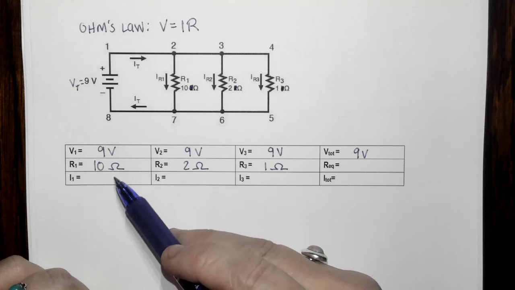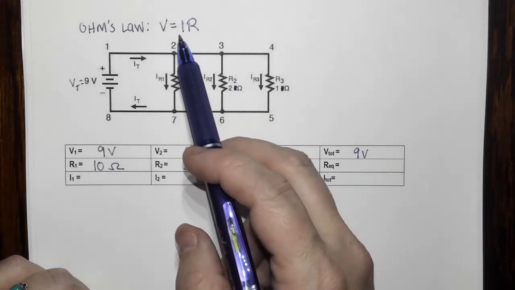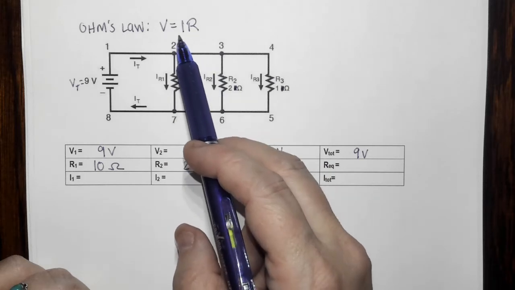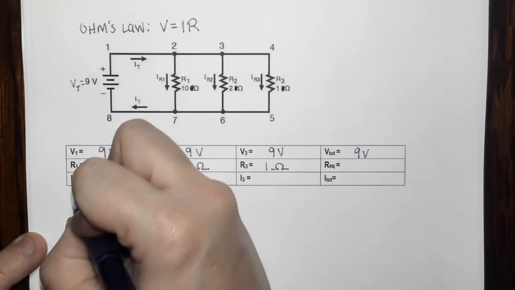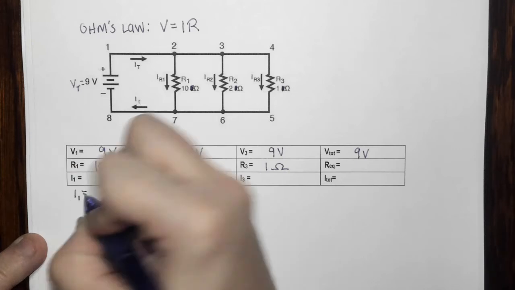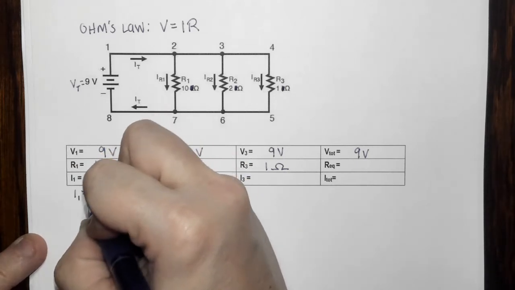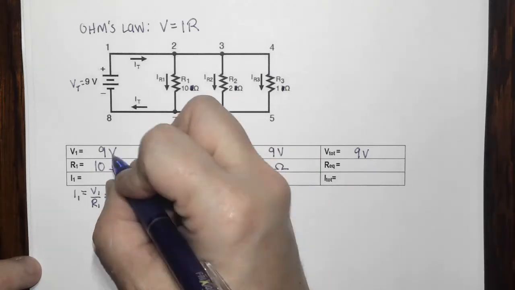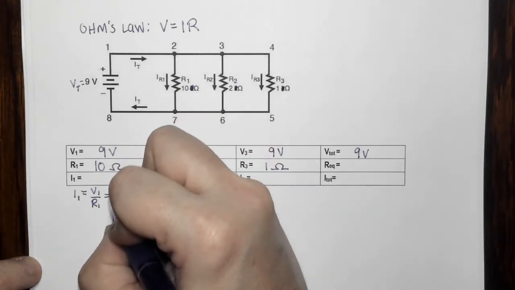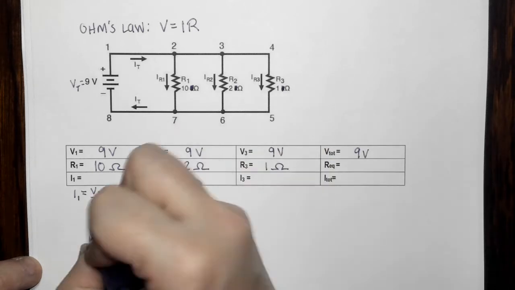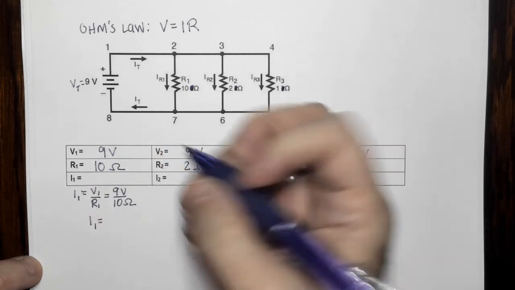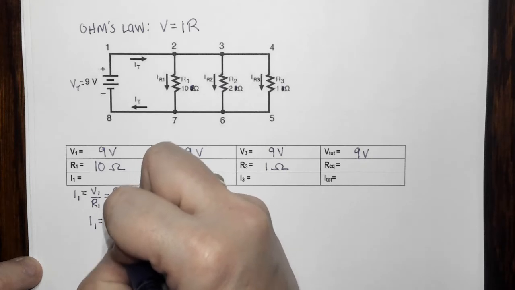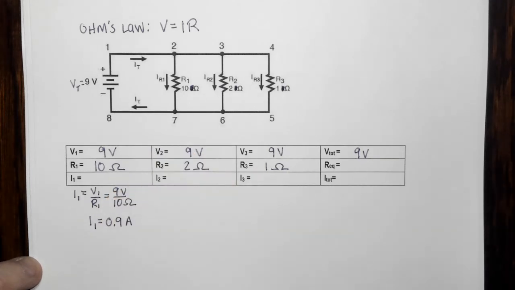Now, I can do this by rewriting Ohm's law to solve for I. I just divide both sides of the equation by R to get I by itself, and I end up with I1 is going to be equal to V1 divided by R1. That is going to be equal to 9 volts divided by 10 ohms. So I1, the current at resistor 1, is going to be equal to 0.9 amps.